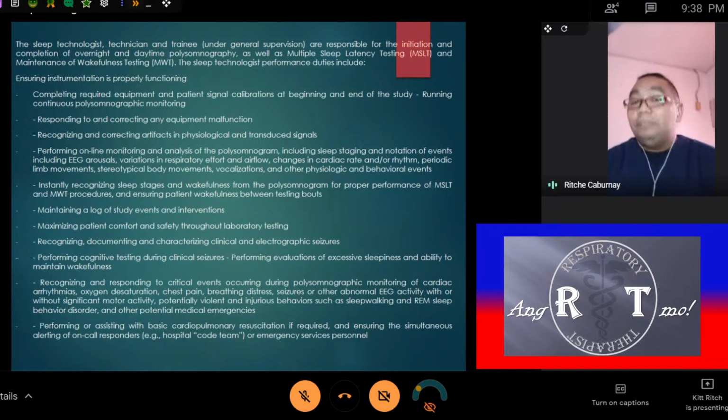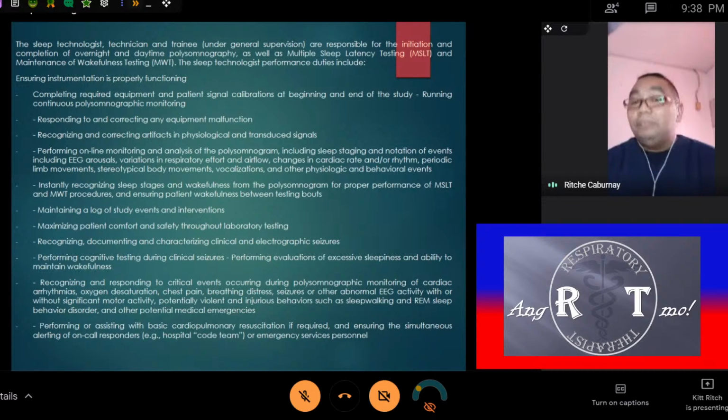If you have observed, you also need to recognize, document, and characterize clinical and electrographic seizures. You also need to perform cognitive testing during clinical seizures, performing evaluations of excessive daytime sleepiness and ability to maintain wakefulness.